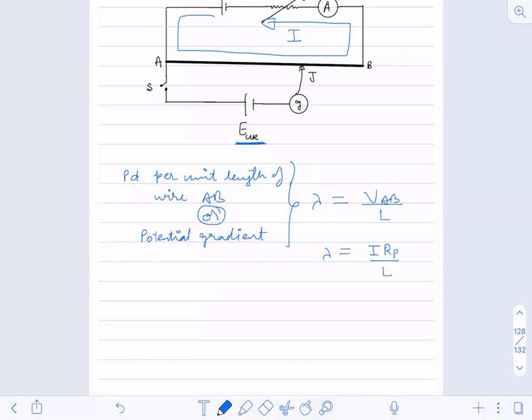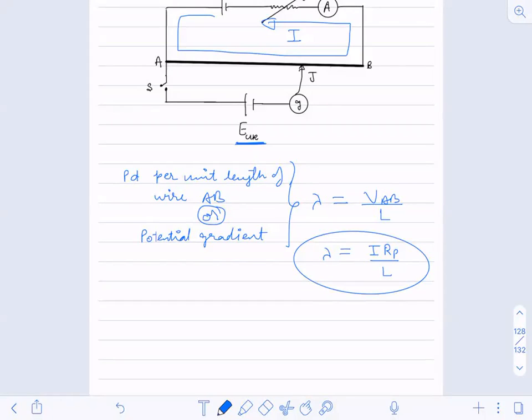Understood this point? Now we know the value of I. We know the value of RP, which will be given to you or you can calculate, and L you can take using the scale. So this is one equation now.